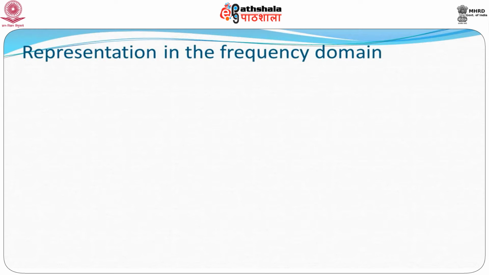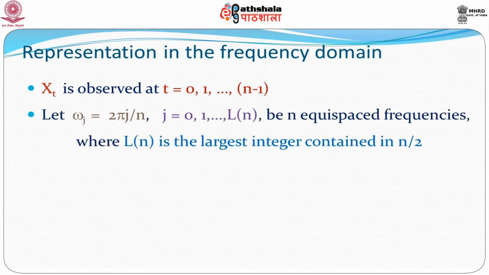To look at the periodogram, let us begin with the data. So, we have x t, which is observed at time t equal to 0, 1 to n minus 1, and we will be looking at the frequencies omega j, which are 2 pi j by n, where j runs from 0 to L n. And these omega j's, as you can see, if the first one is 2 pi 1 by n, then you have 2 pi 2 by n.